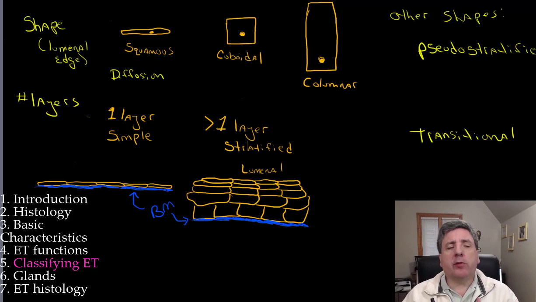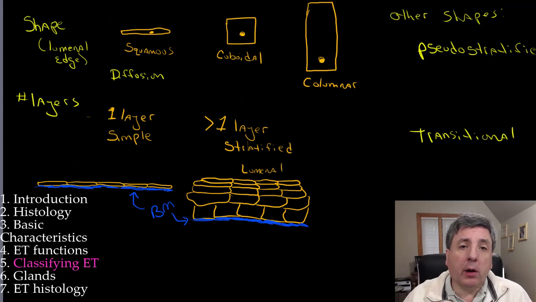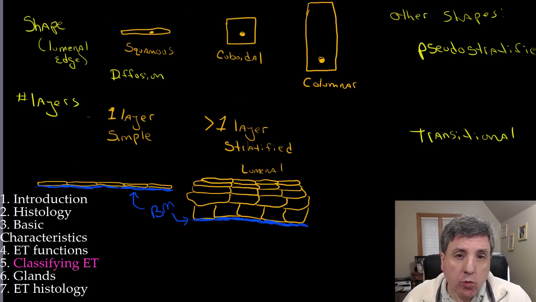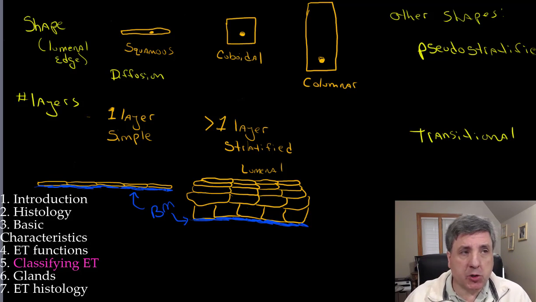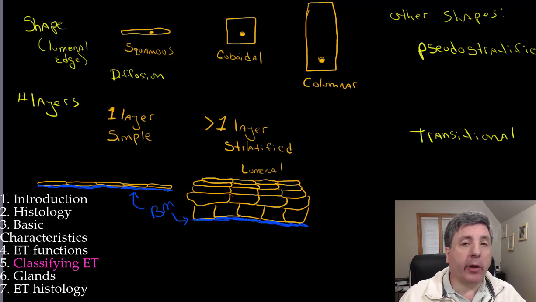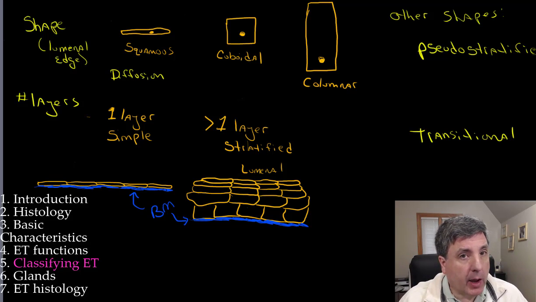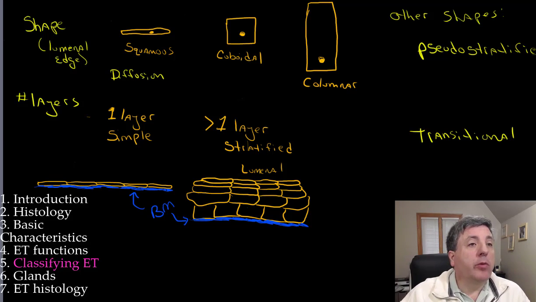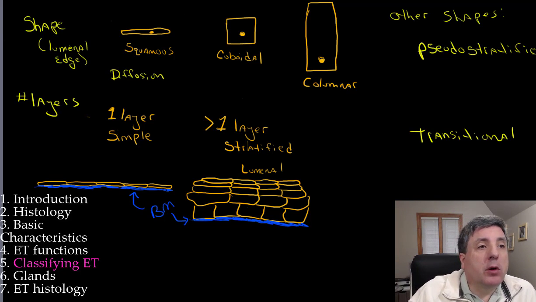Now, one of the things I want you to think about is where in the body will you find simple squamous epithelium? Okay, if it's one layer thick and its focus is to allow for diffusion, where would you find that? Okay, the cuboidal and columnar, oh, let me see, that's going to be simple squamous.